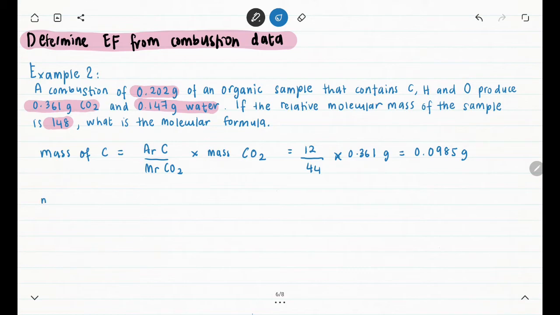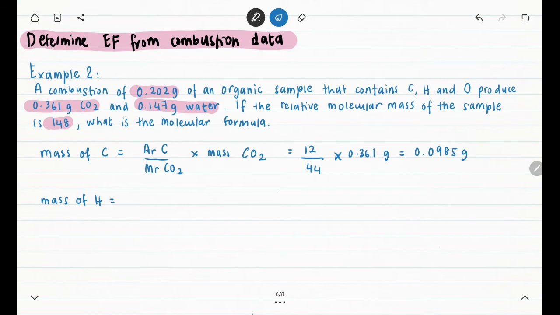And then the mass of hydrogen. We know all hydrogen in our sample will turn to water after we combust. So to get the mass of hydrogen, we need to use the mass of water.